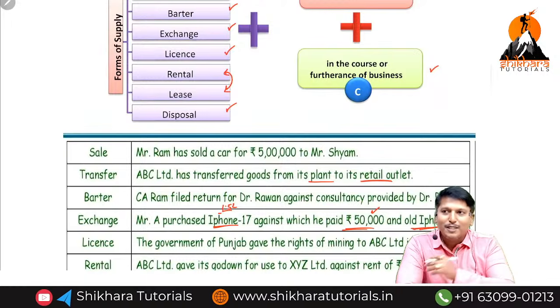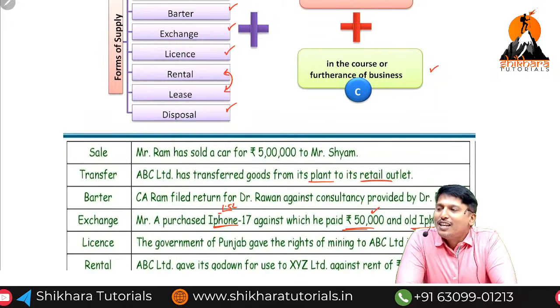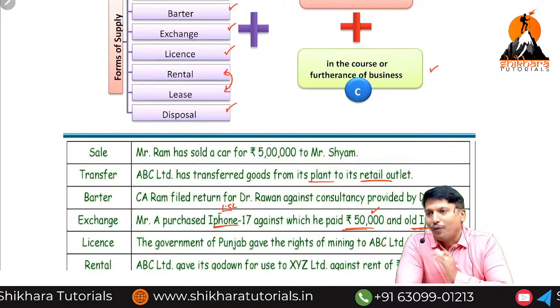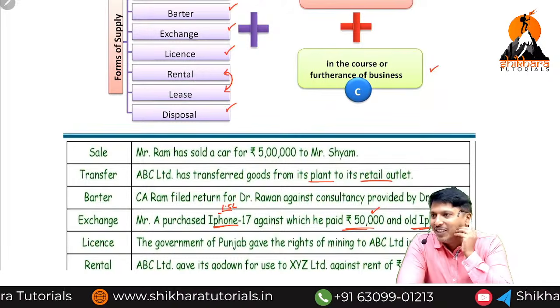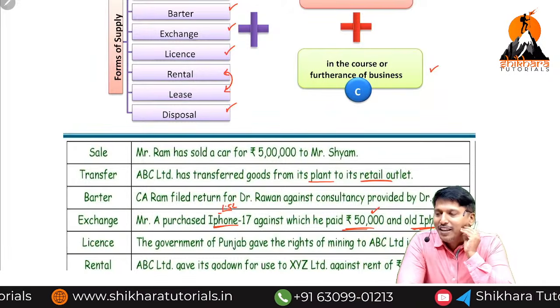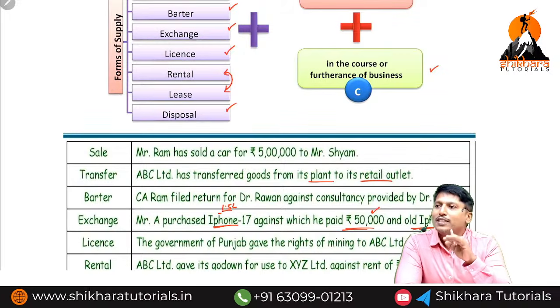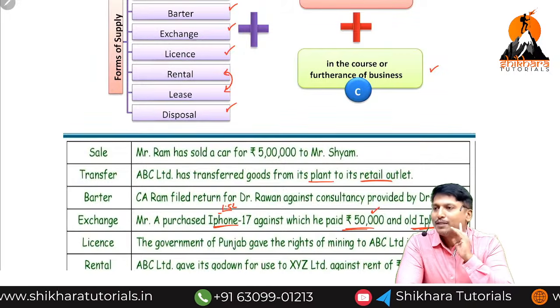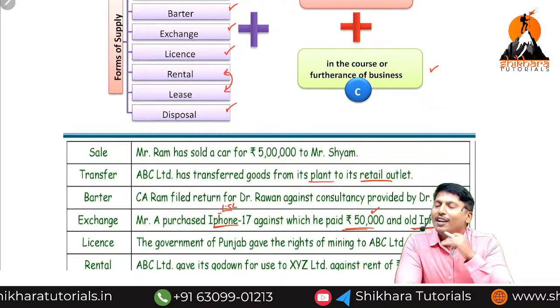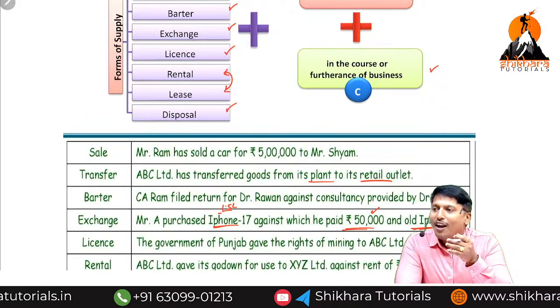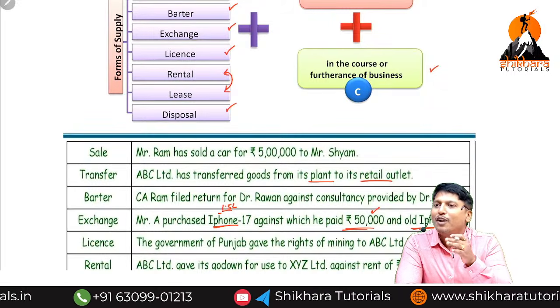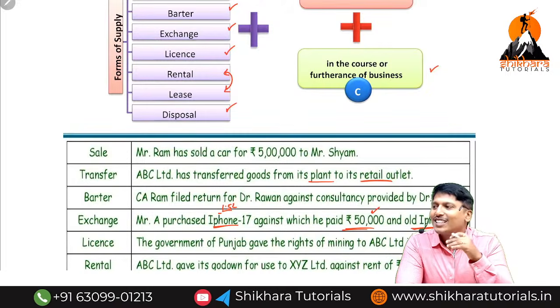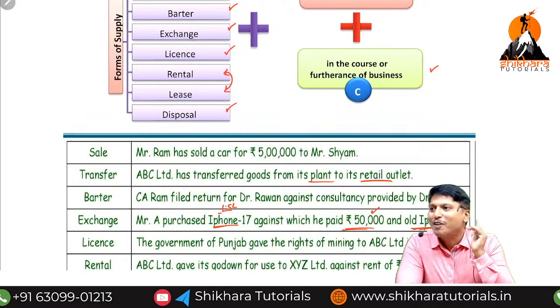Now, disposal. So what is disposal? In a software company, desktop computers are being used by all the employees. Now the organization replaced them with advanced laptops and asked the employees to work from home also if required.